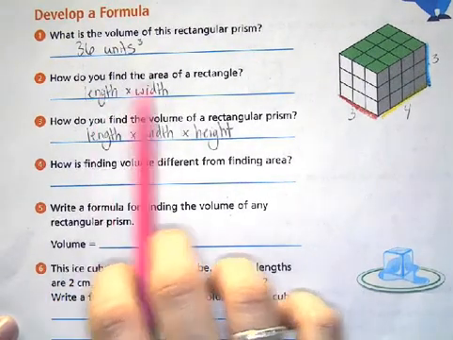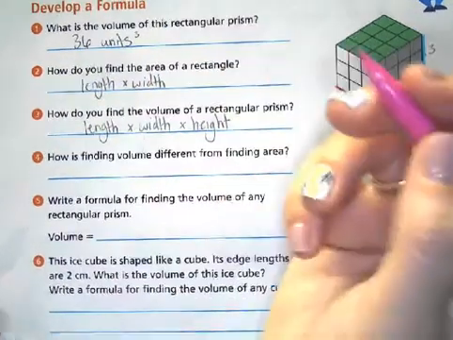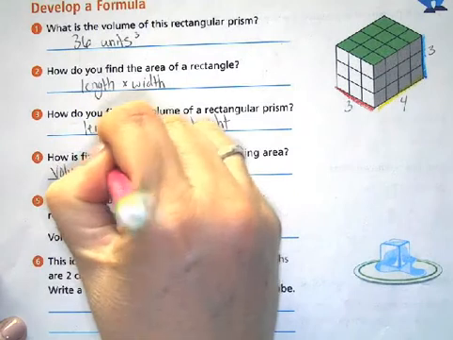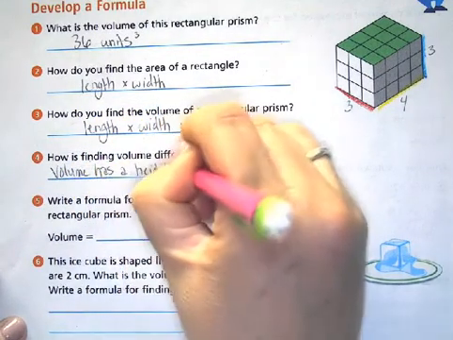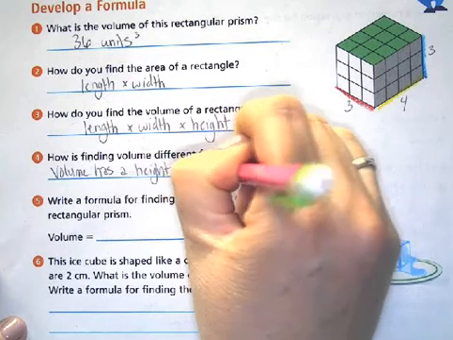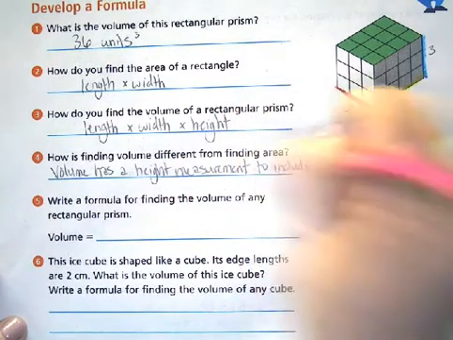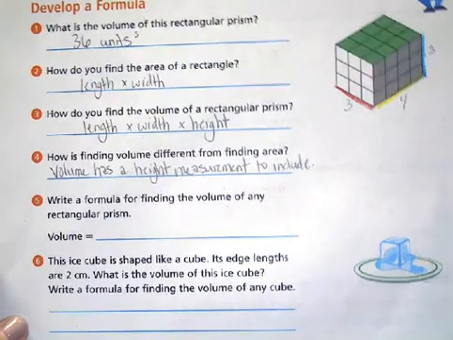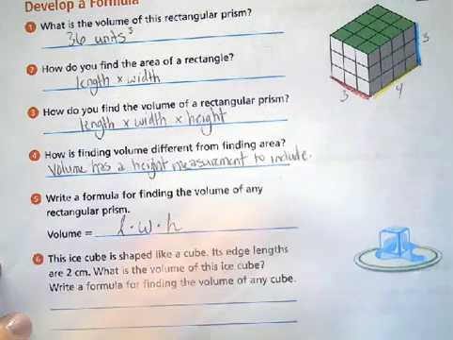They're really similar until you get to that third one. So how is it different? Volume has a height measurement to include. Write a formula for finding the volume of any rectangular prism. Length times width times height.